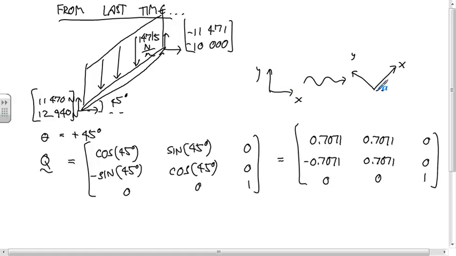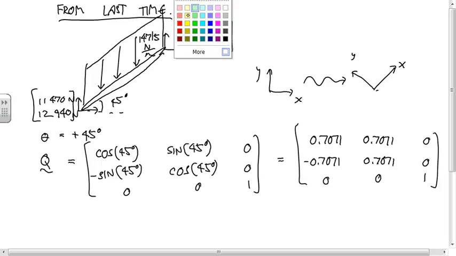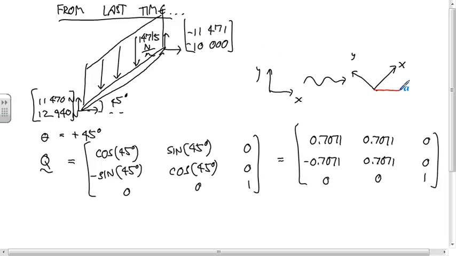We're talking about a vector like this. And that's what we got. And the second column should be a positive x component, positive y component, and that's what we get. And then the third component is the z-axis.